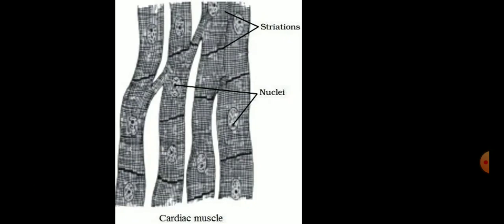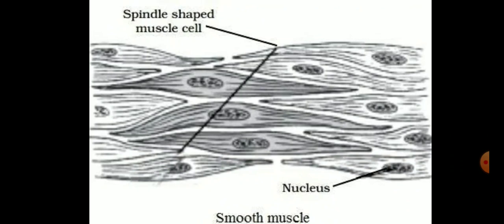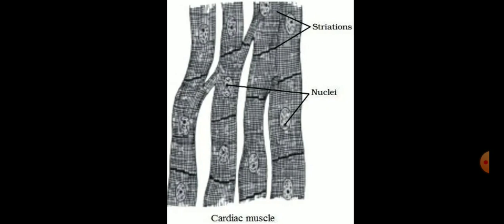Then the next one that we discussed was cardiac muscles. Now you can take a look. In cardiac muscles, the cells are cylindrical, branched and uninucleate. The cells in the smooth muscles are spindle shaped and possess a single nucleus. In cardiac muscles, the cells are cylindrical, branched, and uninucleate.